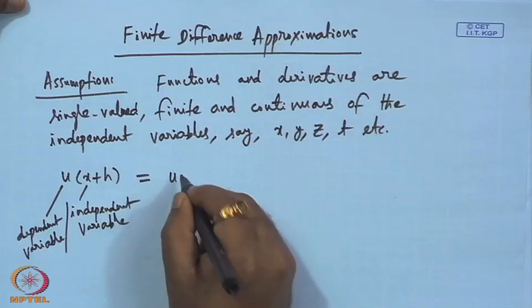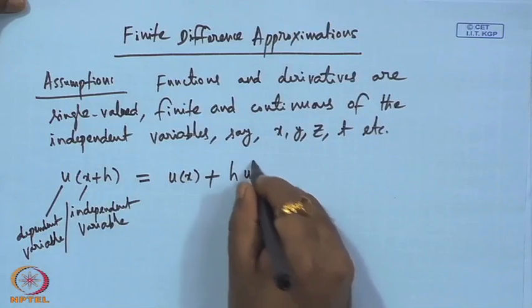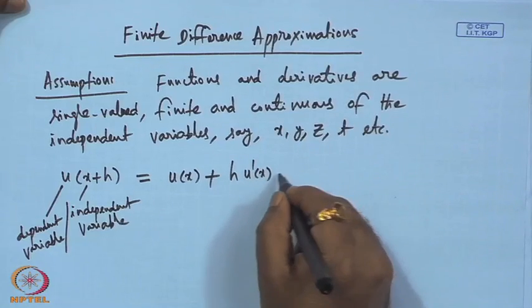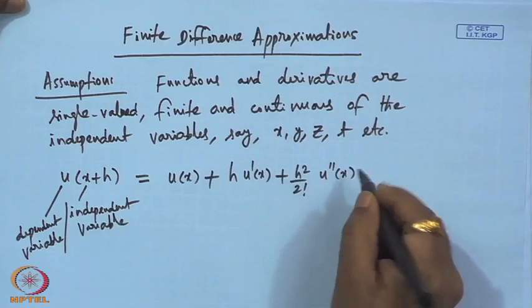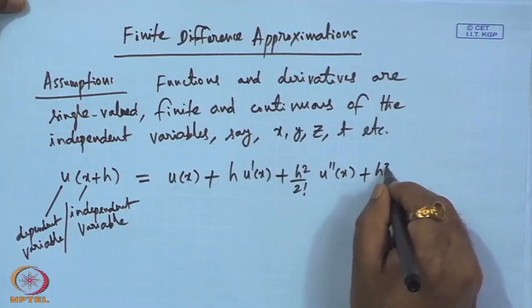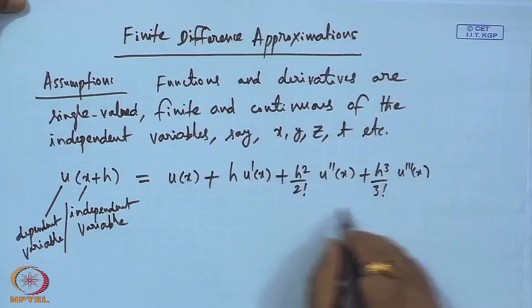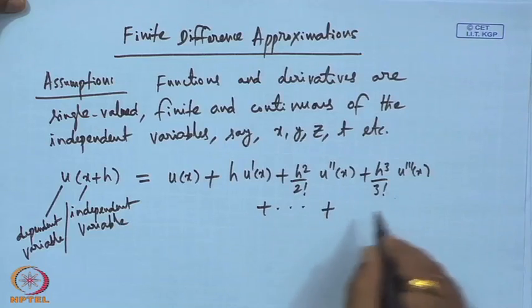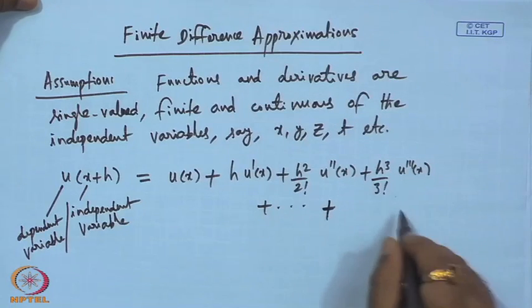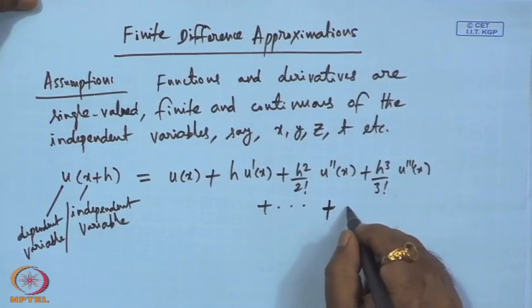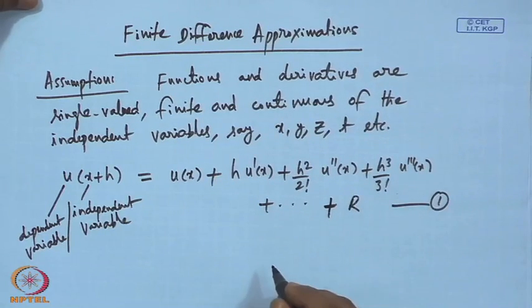We go for Taylor series expansion: u of x plus h equals u of x plus h u dash of x plus h square by 2 u double dash of x plus h cube by 6 u triple dash of x plus and so on. I am not writing the remainder term because in the first order when we were doing ODEs we discussed the Taylor series method thoroughly, so I just write a remainder term. Let us call this 1.